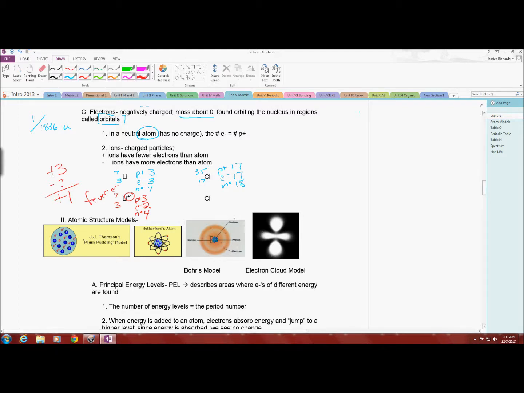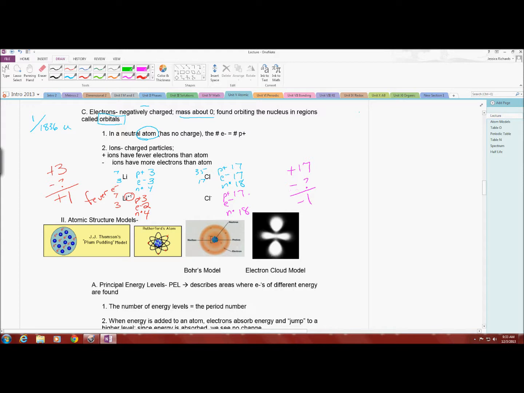In our negative ion, I know the negative's small, but there's a little negative sign there for -1. It still has to have 17 protons, because if it doesn't have 17 protons, it is not chlorine. It's still going to have 18 neutrons because its mass hasn't changed. But what negative number plus a positive 17 is going to give us a -1?